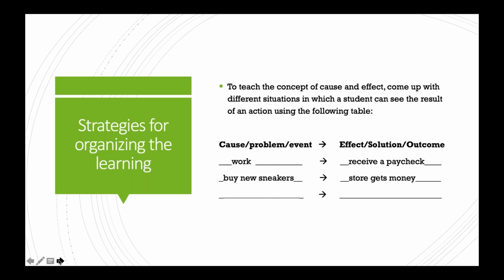Another cause or problem or event is I'm going to buy new sneakers, and the effect is that store gets my money. Okay, so there are lots of different ways to frame things to help organize their brains so that they're thinking about how this is going to work with more abstract concepts once you get into the more historical types of events, things like that.